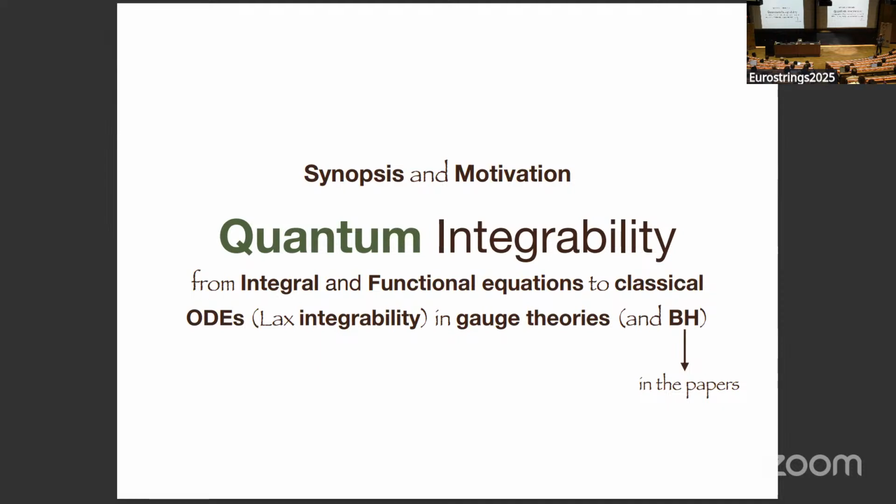I'll be talking about quantum integrability in the form it assumes in integral and functional equations. Something quite concrete, as you will see in a moment, trying to lead you to classical integrability, actually simple classical ordinary differential equations.